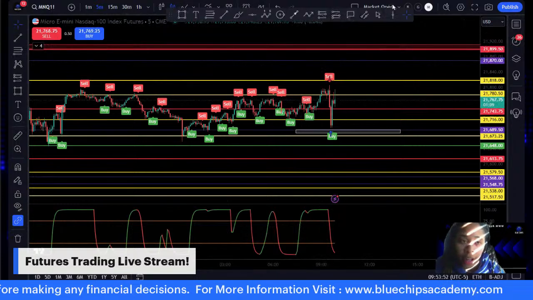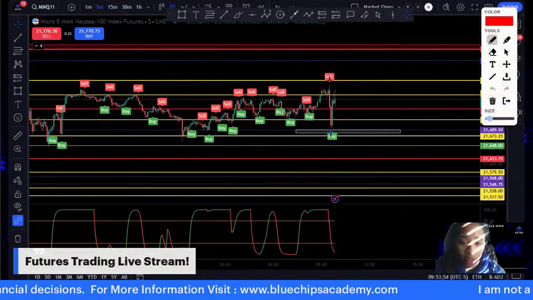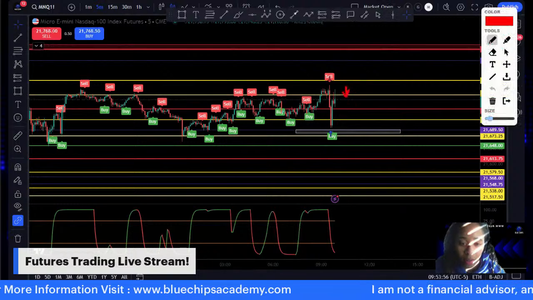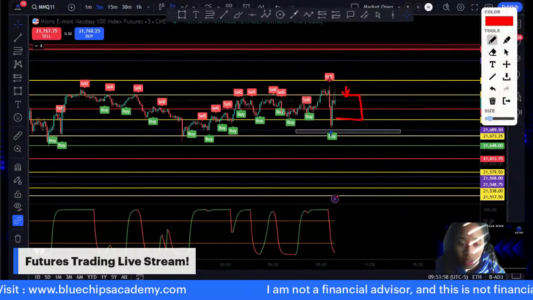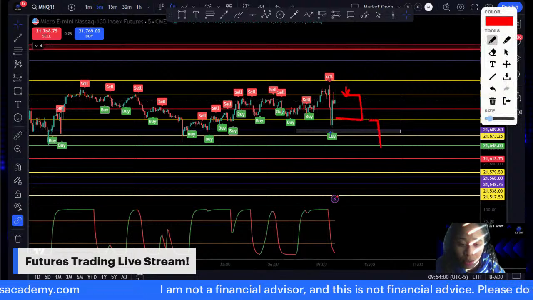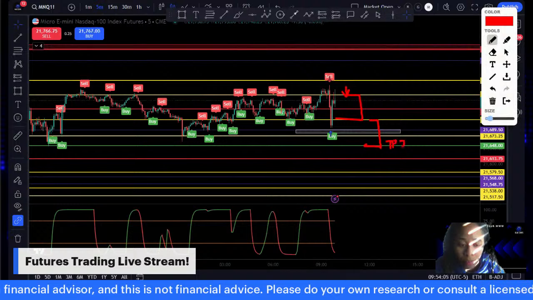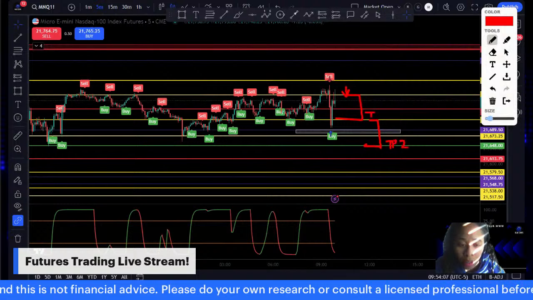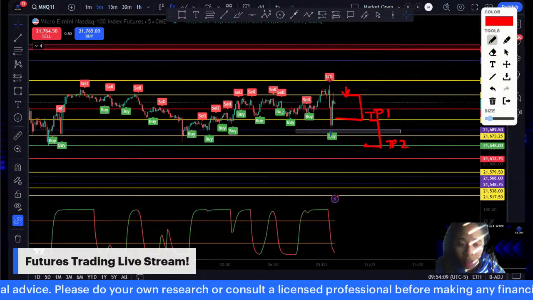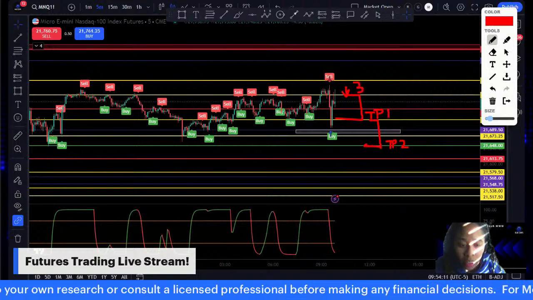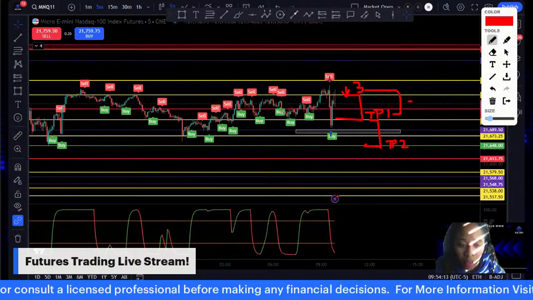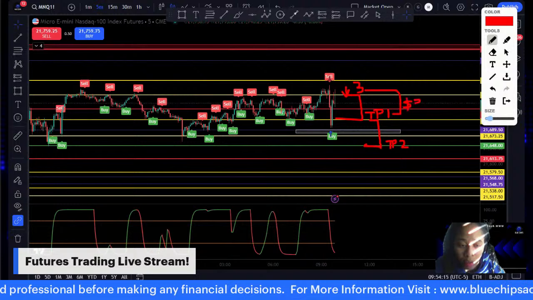Why? Because of the distance, right? So let's say I have 3 contracts and I got into a sale right here. My take profit 1 was here, and then TP2 was like here. So we'll say this is TP2 and this is TP1. With 3 contracts, I could probably make $300 in this move.